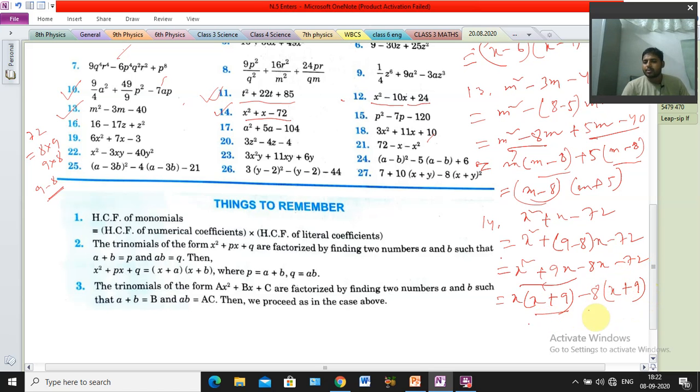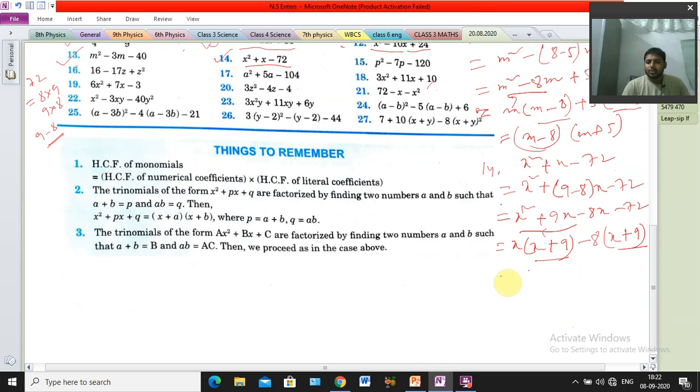Now see, in the bracket x plus 9, here also x plus 9, that is okay. So we can write x plus 9 into x minus 8. Understood? That is 14. It is the same type of problem, only the data is different, so at first you have to try. The process is the same.